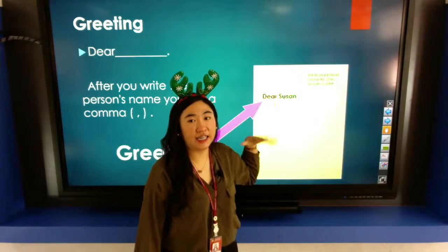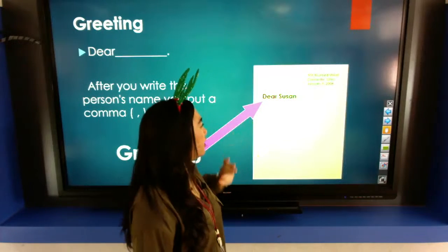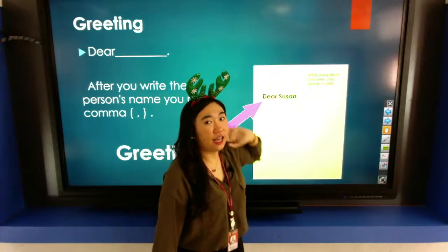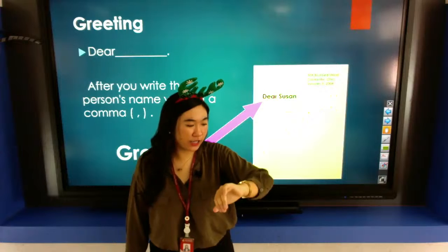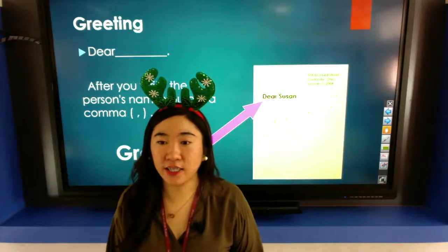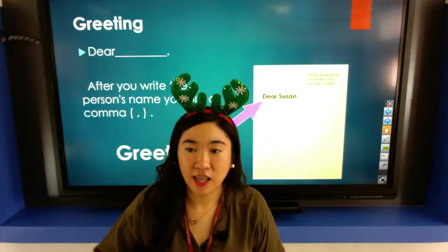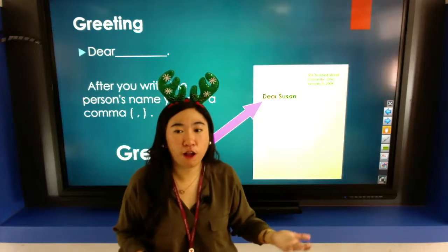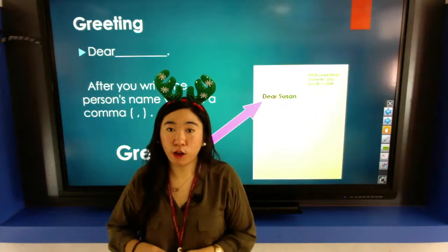It is in the upper left side of the letter. The heading is on the right side. I don't know if you can see it. Heading is on the right side, while the greeting is on the left side. Again, when you write the greetings, that is the name of the person you are sending the letter to. Understand? If you are sending it to your mom, you can write dear mom or dear, then the name of your mom.